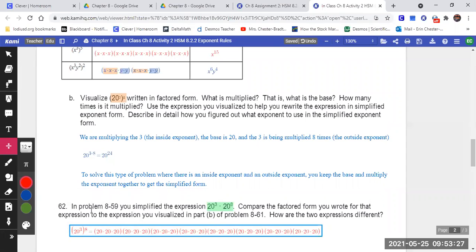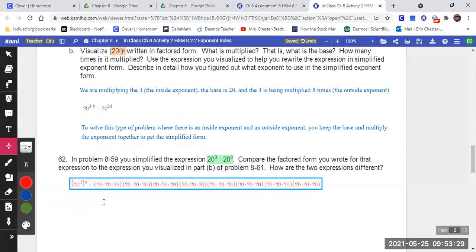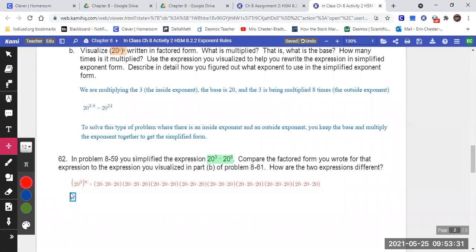Now we need to expand this one here that they give us. Okay, so we need to expand 20 to the third times 20 to the 8. How would that look expanded? What would the first parentheses be? The 20 to the third, which is the same, right? 20 times 20 times 20.